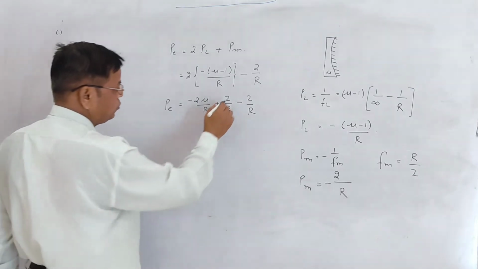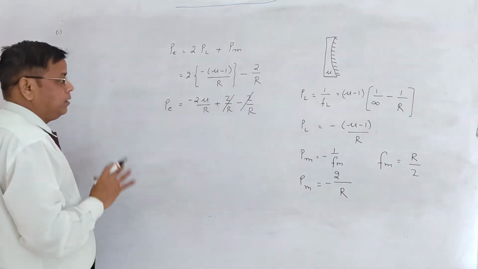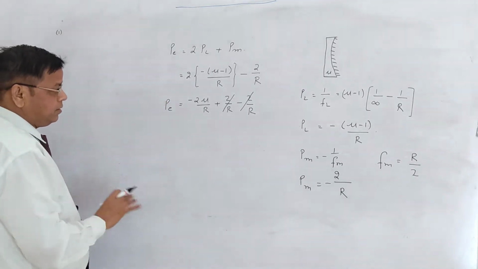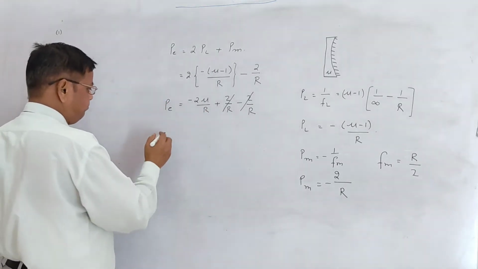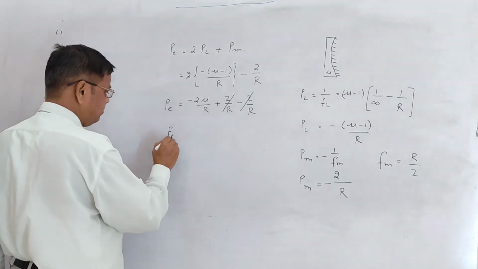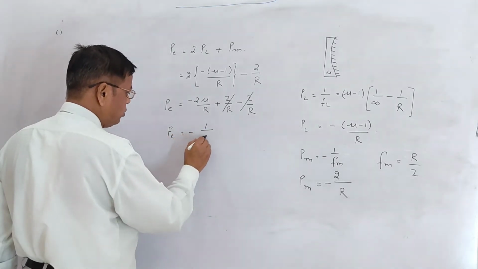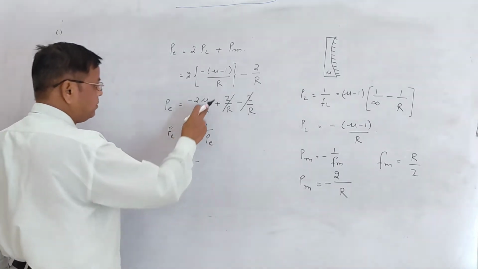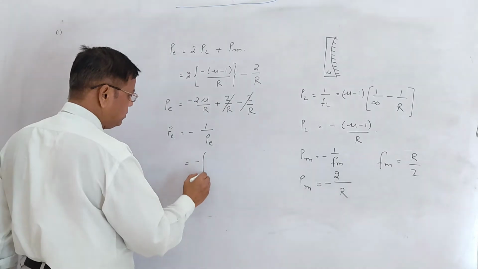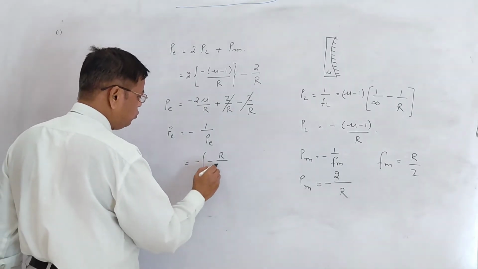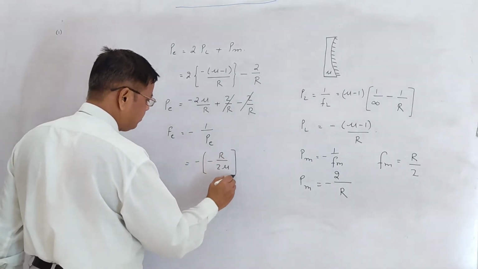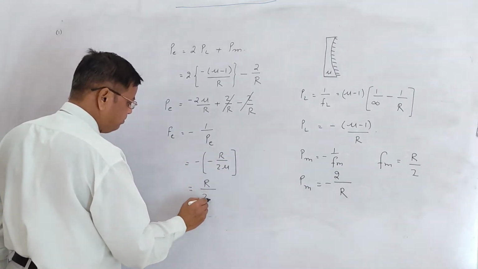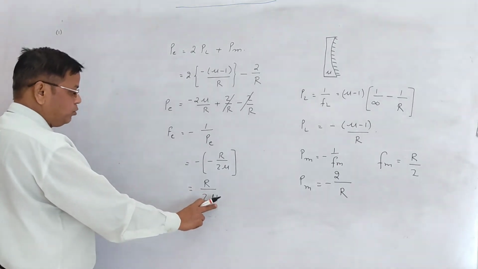See, check the calculation. I may make some mistakes, so learn the process and see whether the calculation is right. I think it is right, but see. Now the effective focal length is minus 1 upon effective power. So minus 1 upon effective power is this, so it is minus R upon minus 2 mu, minus minus plus, so it is R upon 2 mu, and you know mu is always positive.